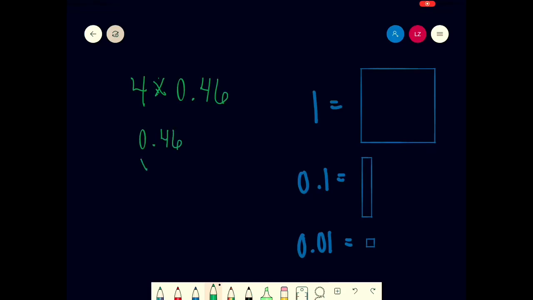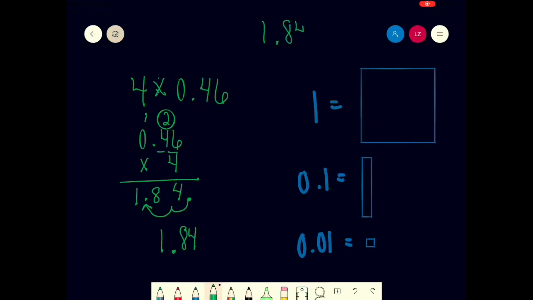So let's take 46 hundredths times 4. Okay, 4 times 6 is 24. 4 times 4 is 16 plus 2 is 18. 4 times 0 is 0 plus 1. All right, and now we've got 2 places to move our decimal 1, 2. So our answer is going to be 1 and 84 hundredths. All right, 1 and 84 hundredths is our product.